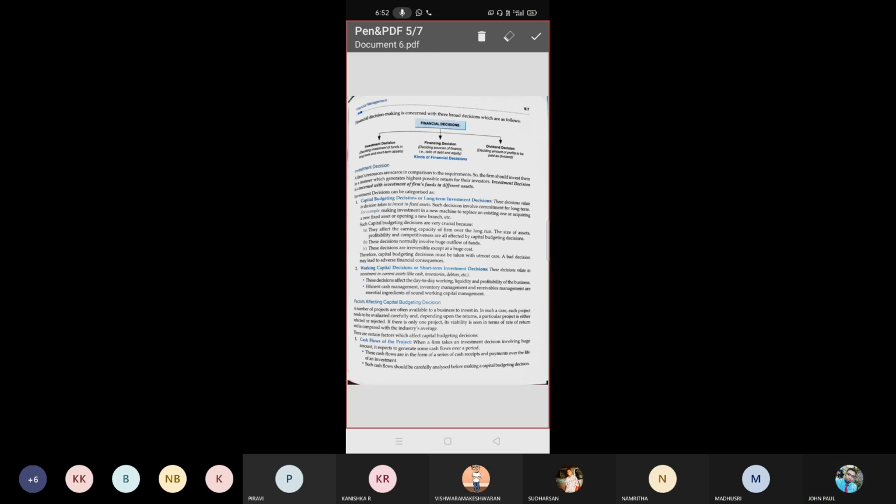For example, if a person wants to buy a car for business purposes, like a taxi, purchasing the car is a capital investment. If a person wants to open a cafe or restaurant, the investment he decides on is also called capital budget.